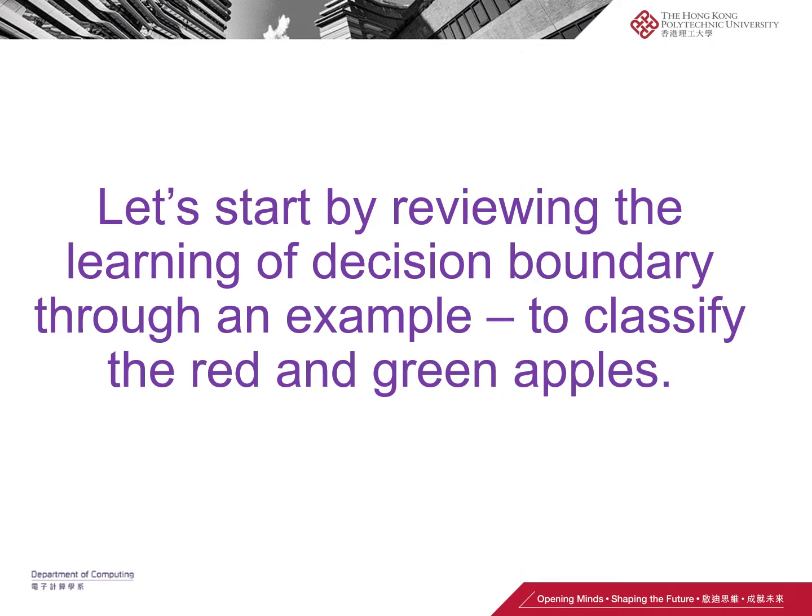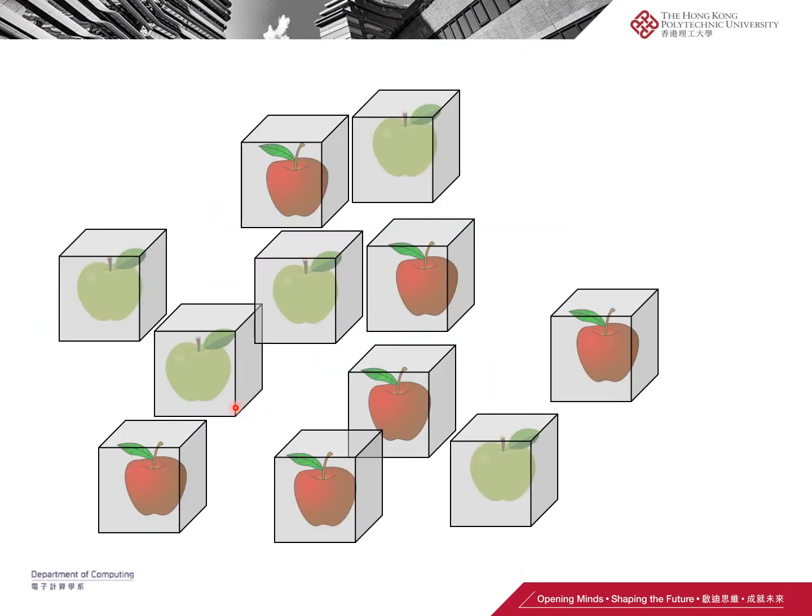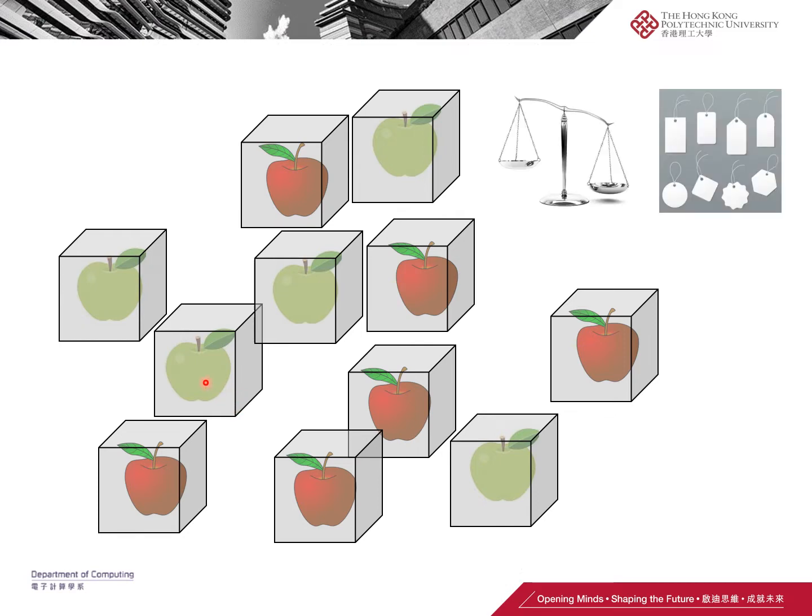That is to classify the red and green apples. Let's say we have a lot of apples, but each of them is sealed in a box. In that case, we don't know if there's a red apple or green apple in there, and we have to figure it out. So we will try our best.